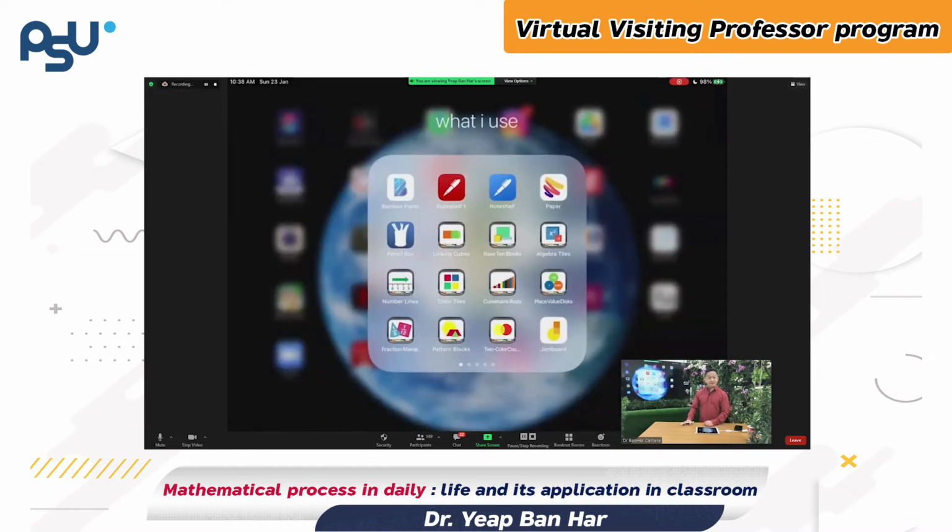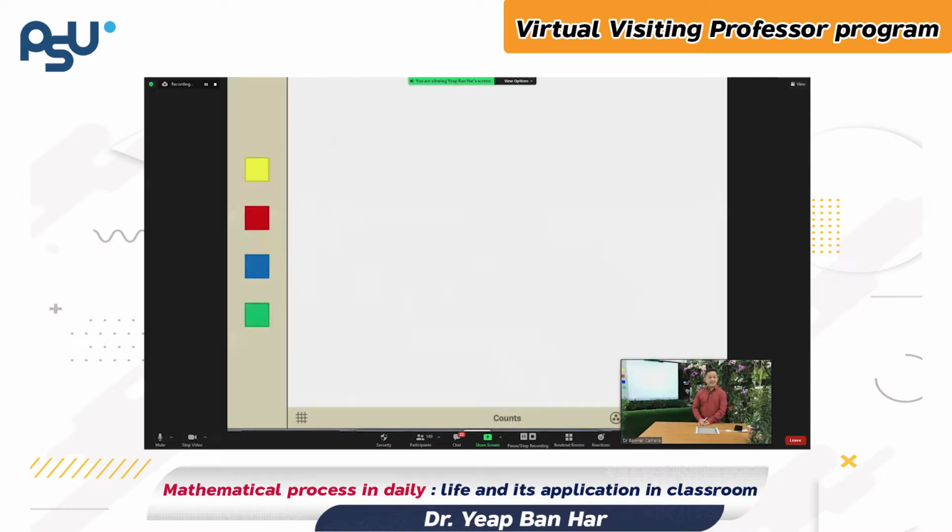Secondary school example. But maybe I start with a related primary school example. So I may be a grade 4 teacher, ประถม4. So maybe I'm teaching a grade 4 class, and I will say, boys and girls, today we are going to solve a problem.